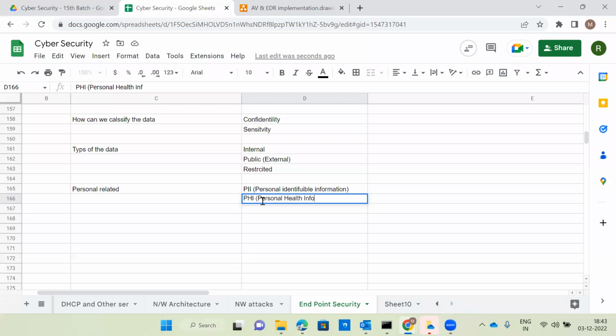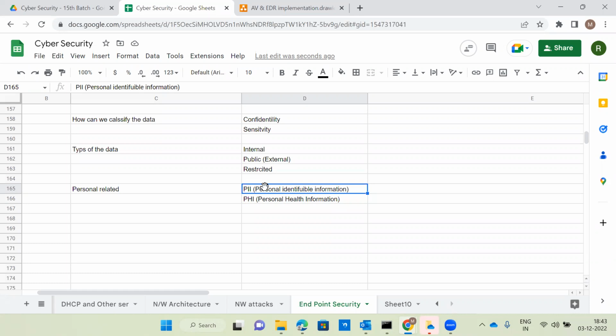PII data we have discussed several times. For example, first name, last name, mobile number, passport information, then driving license, debit card, credit card, all those will fall under PII data.